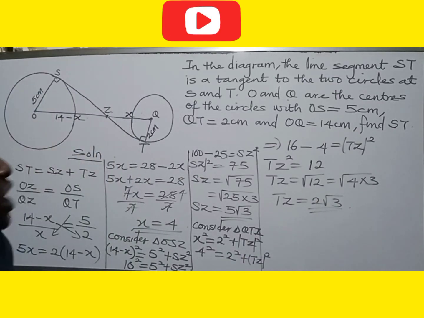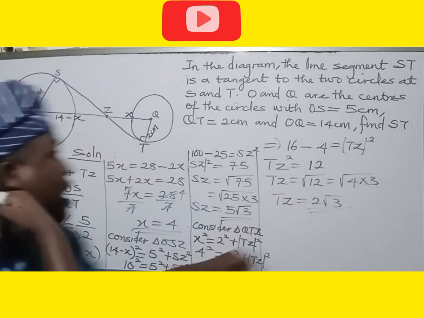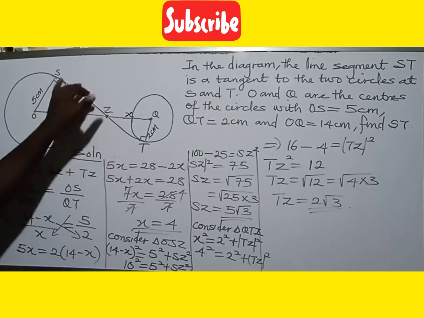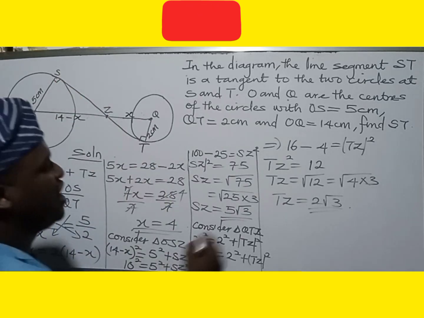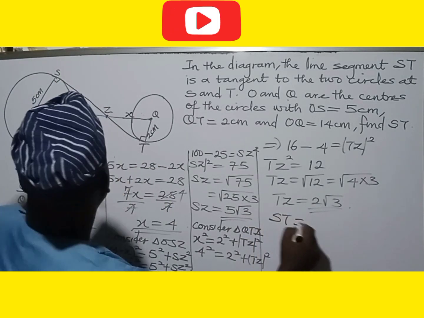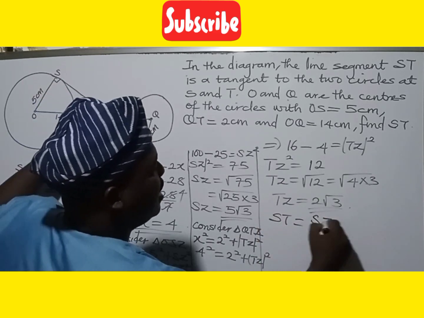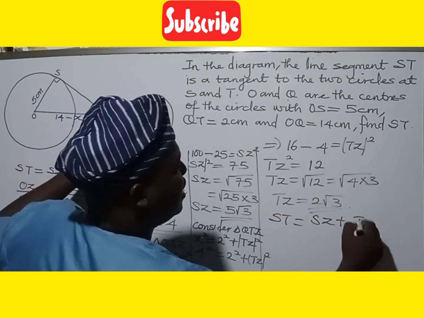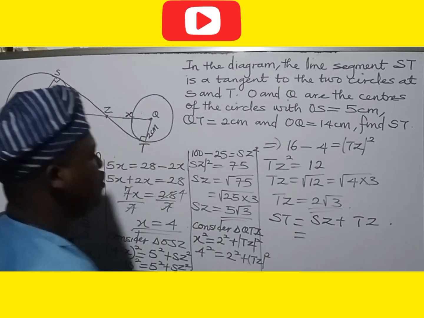Mind you, the question we are asked to find is ST. Based on our calculation, the formula we are going to use to get our ST will be equal to SZ plus TZ, and we have gotten the values of the two.